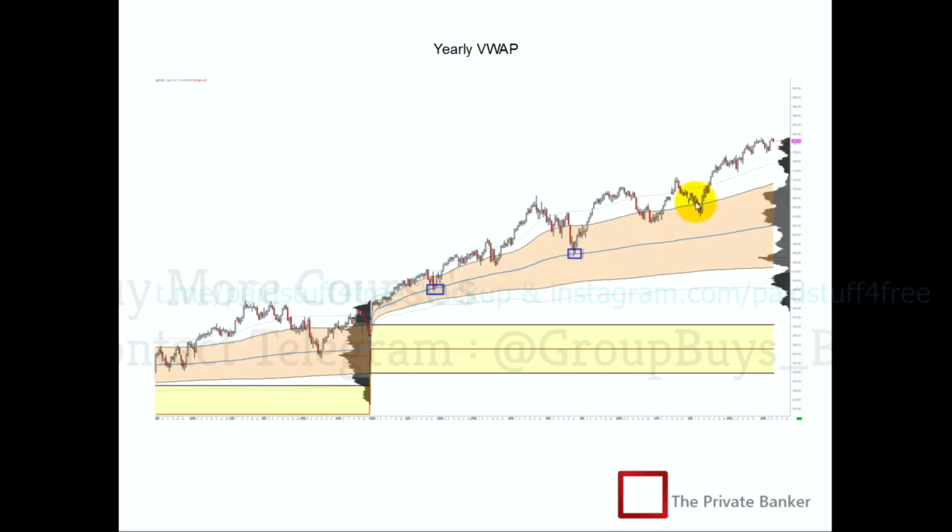We push higher, pull back to value, buyers step in again, and from that point on we've just been incredibly imbalanced to the buy side. So it's very clear based on what we're seeing here that we have a very strong rally in place. We do not see anything that tells us that this trend has stopped. Every time it's tested VWAP, we've seen a very positive reaction.